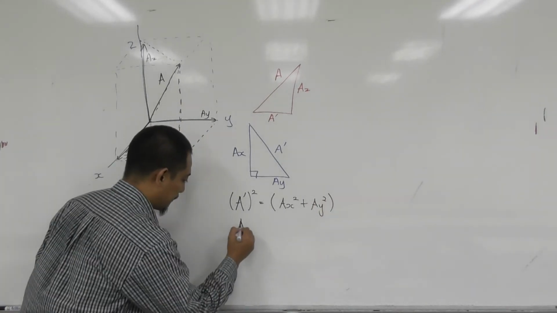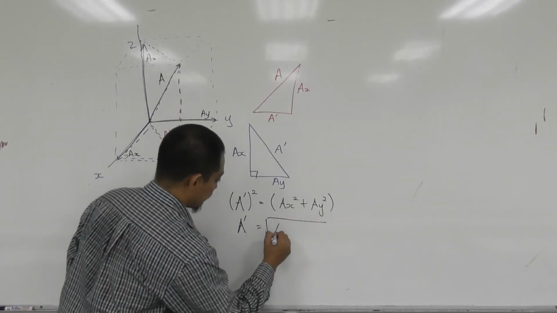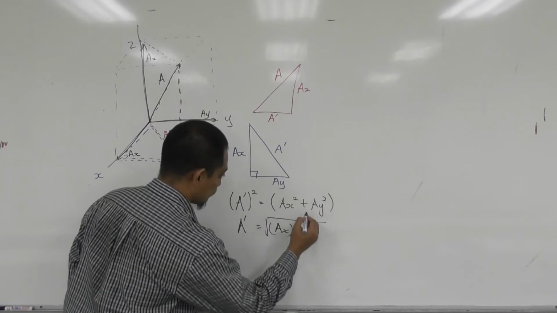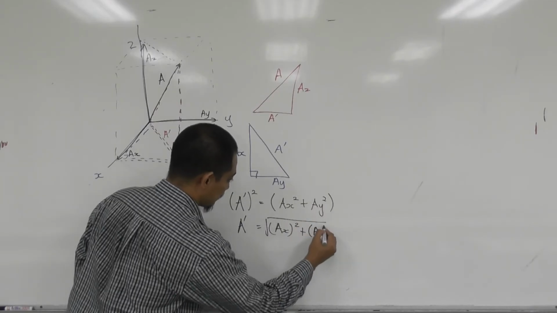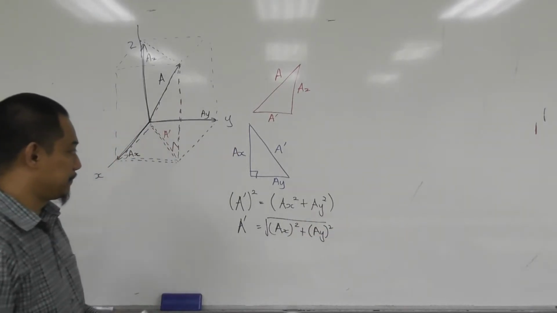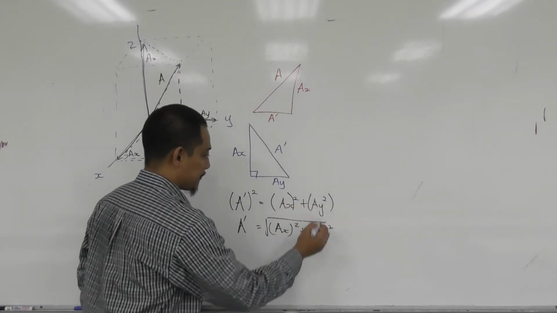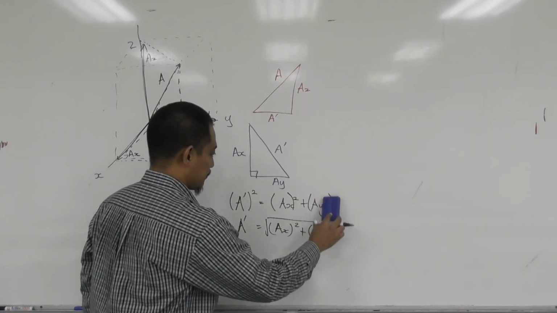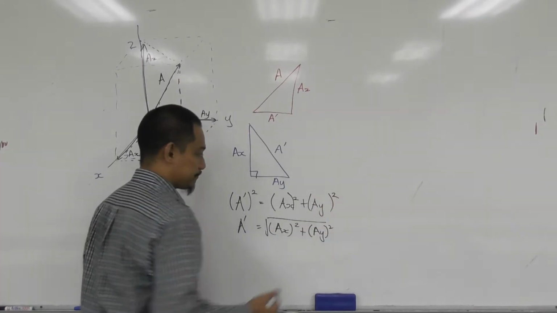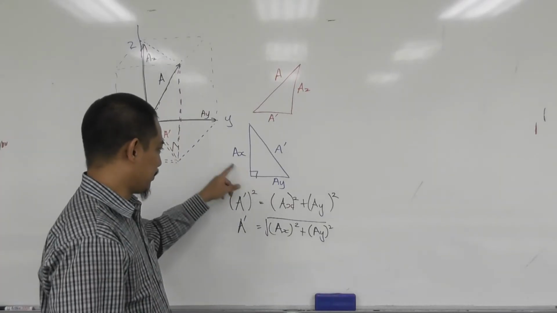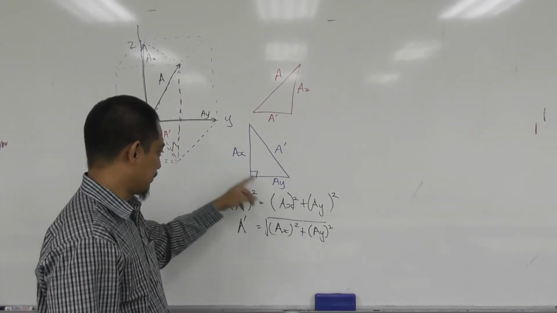Or A prime is square root of AX squared plus AY squared. Okay, let's put the bracket there. Oops, inconsistent there, right? So this is simple Pythagoras, right? This squared equal to this squared plus this squared, or this equal to this squared plus this squared, square root, like this.